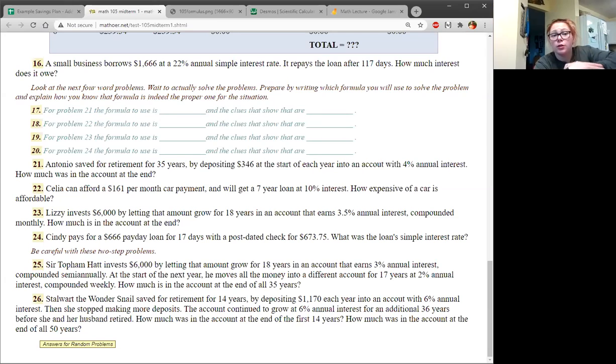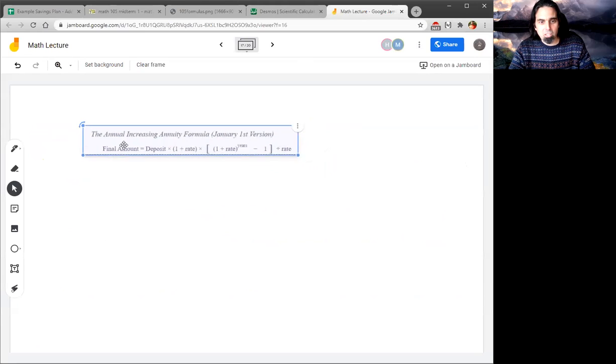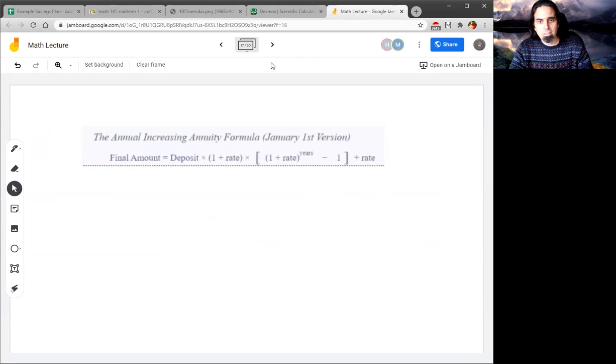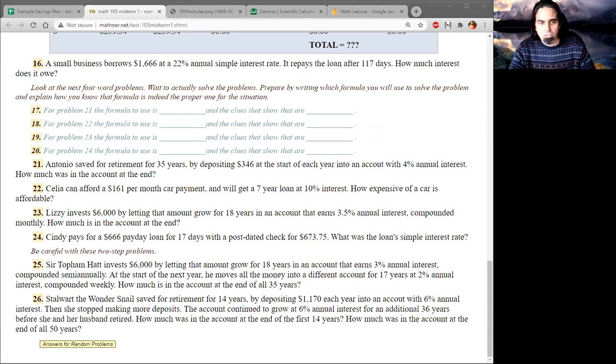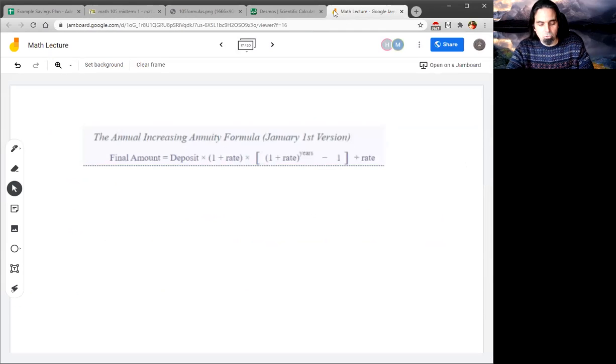Okay, one of them will be this annual increasing annuity formula. Yes, in this case, it's 21, because he's depositing a certain amount at the start of each year.